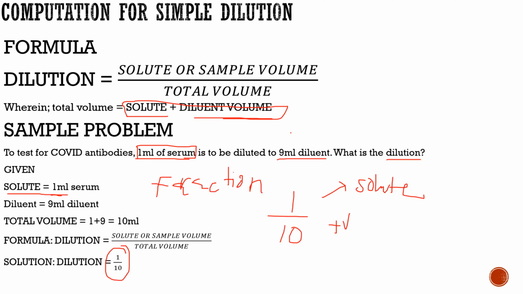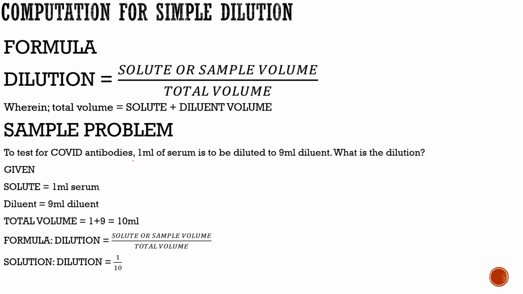So, that is how basic it is, class. In the computation, you do not need to divide in simple dilution. That's how you would get the dilution. So, let me repeat. First, identify the given. 1 ml serum, this is your solute. And this is your diluent, 9 ml.